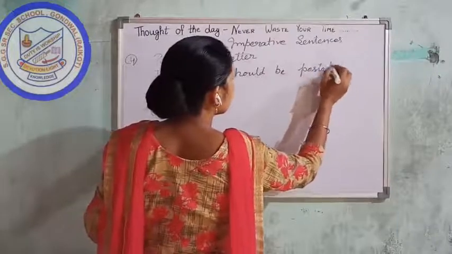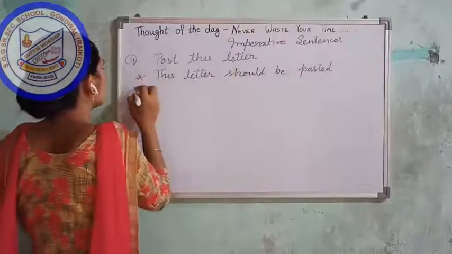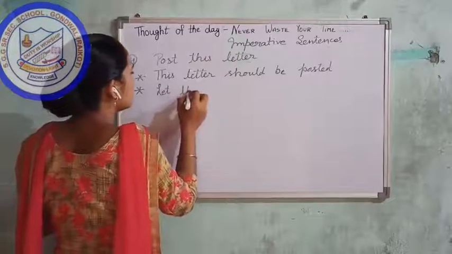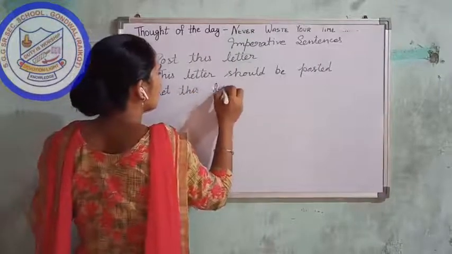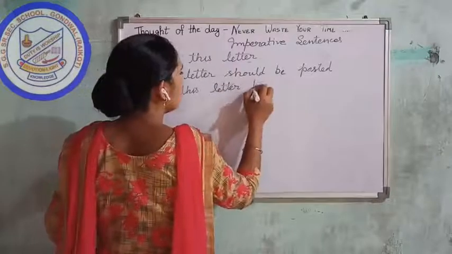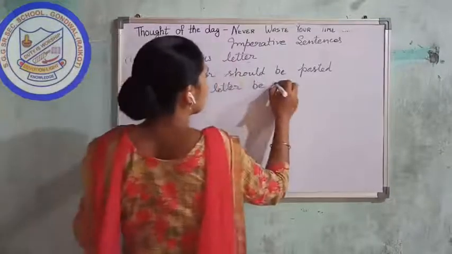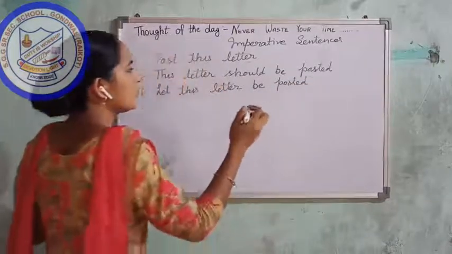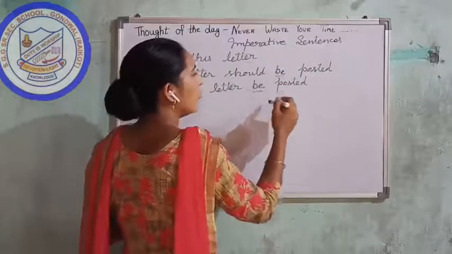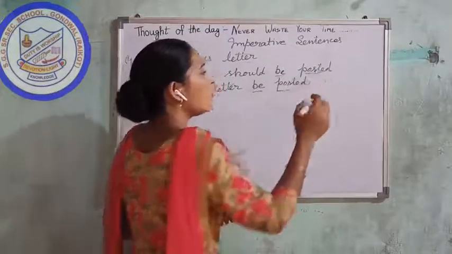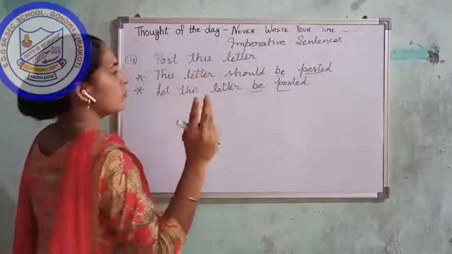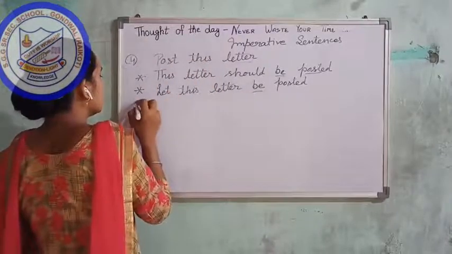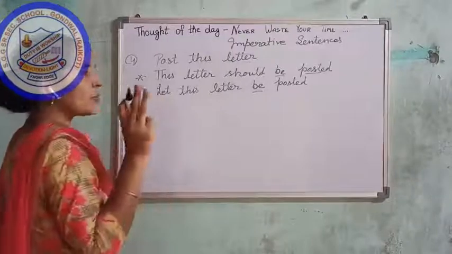And the other method is let be: let this letter be posted. I hope it is very clear to you that with be, we will always make use of the verb's third form, the past participle. And along with these two methods, there is also a third method.